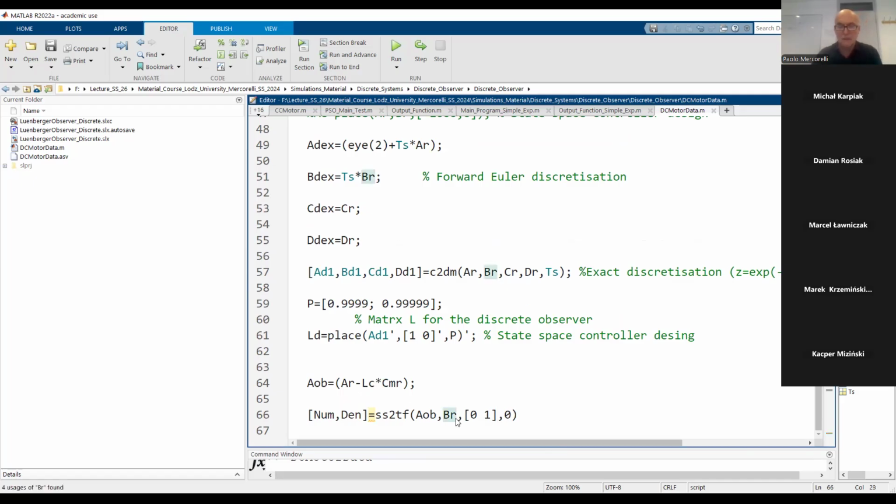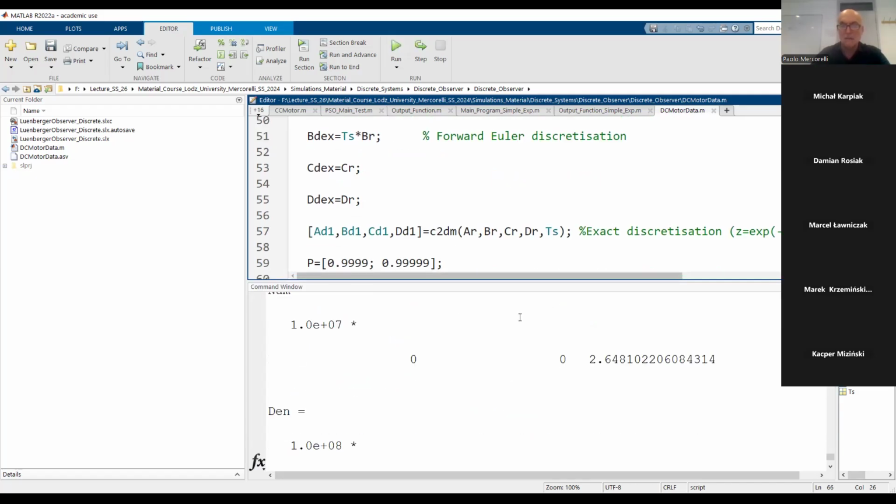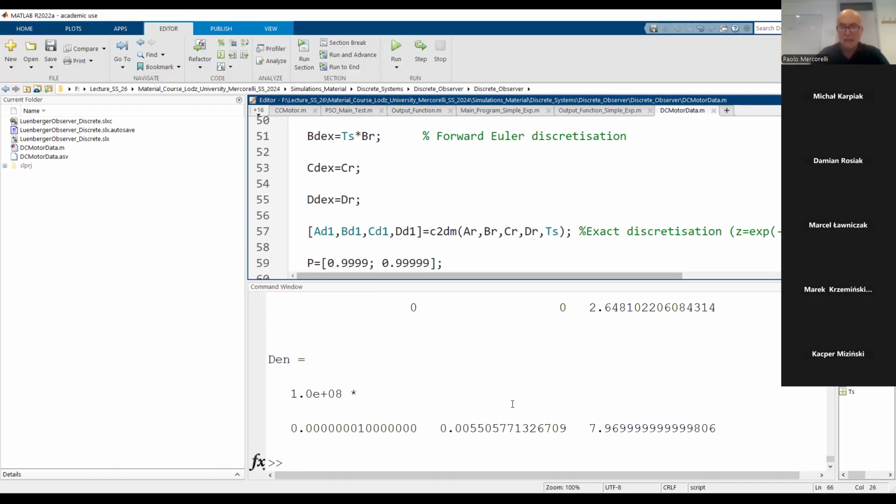And here I have to put this. Okay, I didn't see any difference.